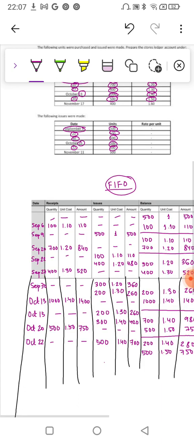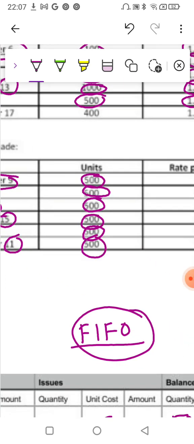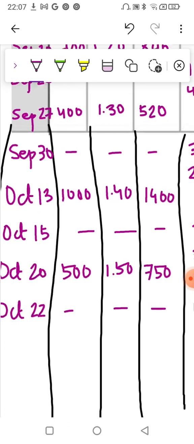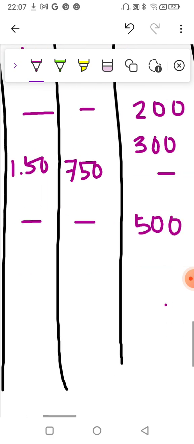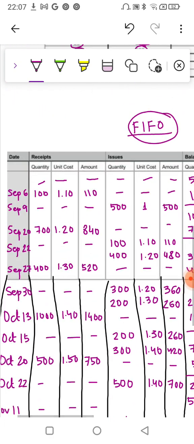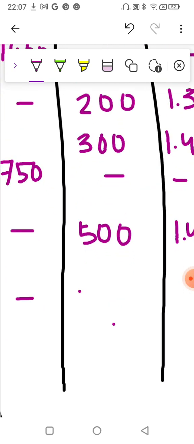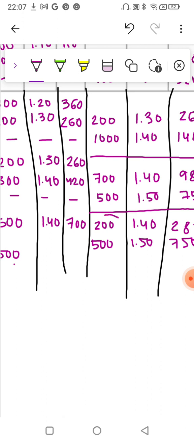Now we will move to the next. October is done. Now we have November 11 and November 17. On November 11, 500 units were issued, so we are going to record it. Now you see only 200 remains of the previous category.